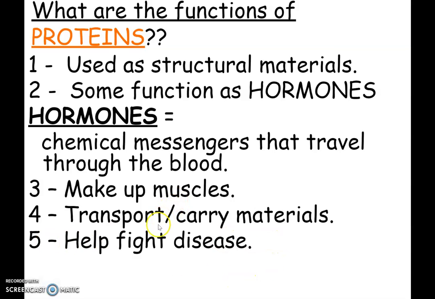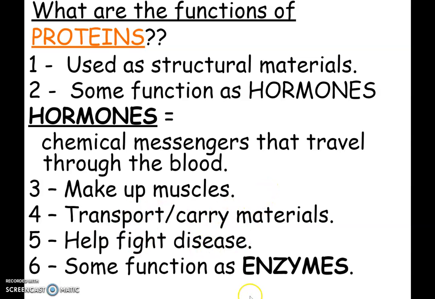In class on Wednesday, we will discuss antibodies a little more, but they're proteins and they help us fight diseases. And last, this term you probably have not heard, but we're going to get into it later: many proteins are enzymes. Enzymes help chemical reactions that we need to occur in our bodies or cells.